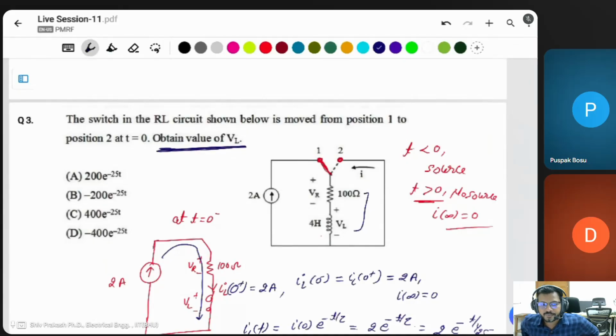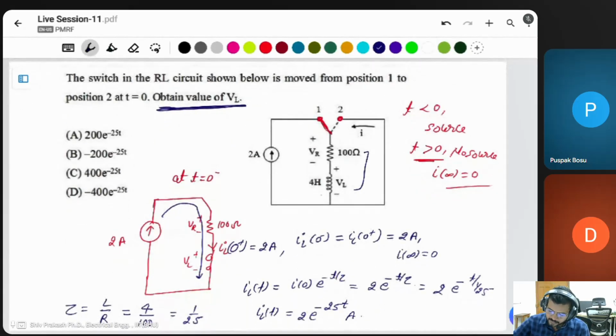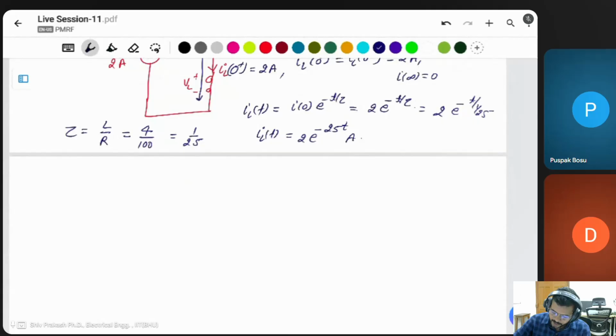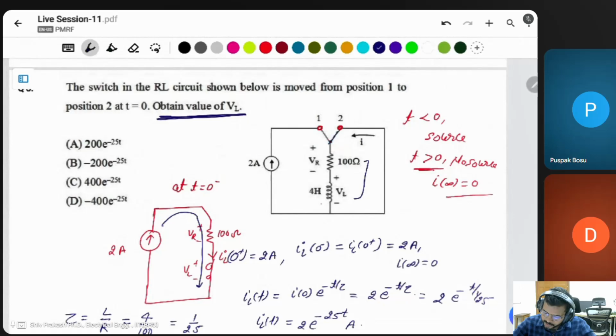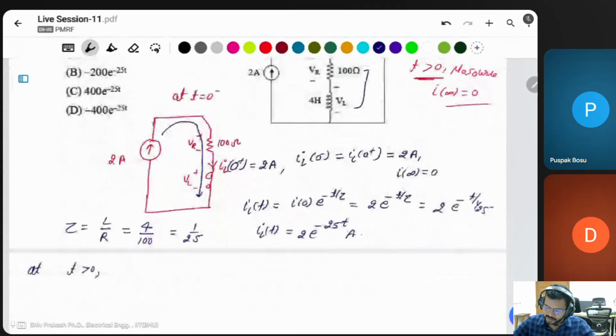Then you have to find it like that. In this step we have to draw the circuit at t greater than 0. What is the circuit? Then after that you can see the voltage. After t equals 0, the circuit is connected like that.